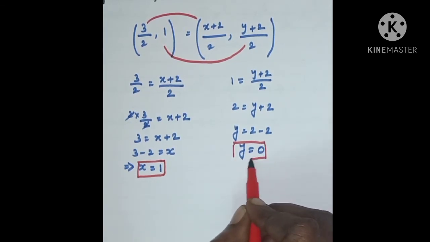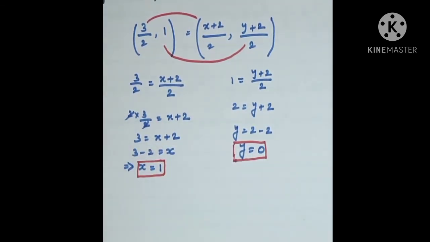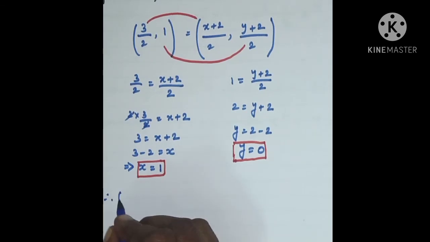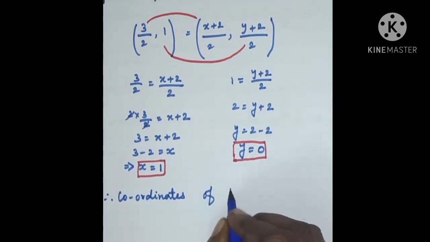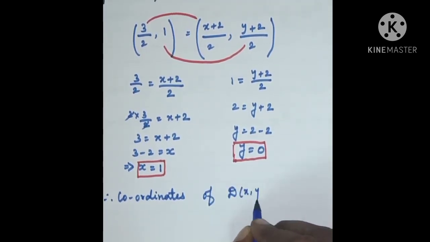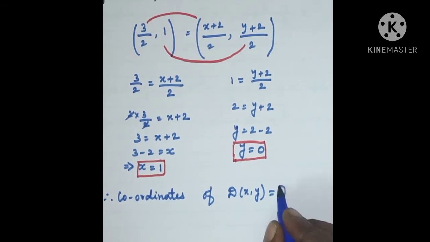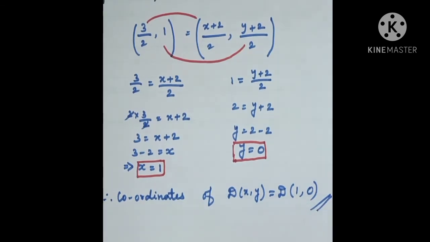Therefore, we get the coordinates of D: x, y is equal to 1, 0. This is the answer for the sum.